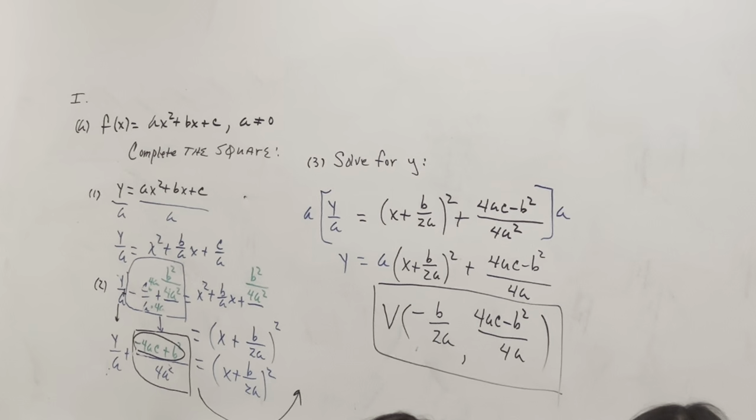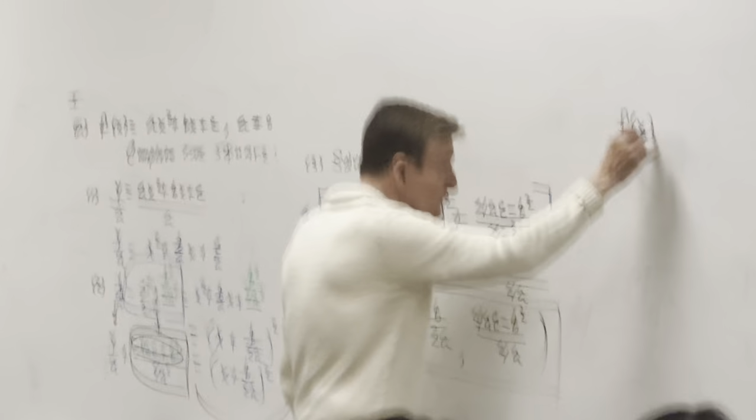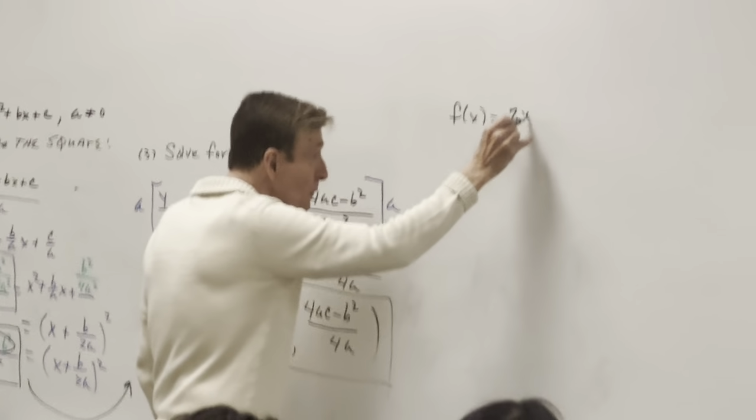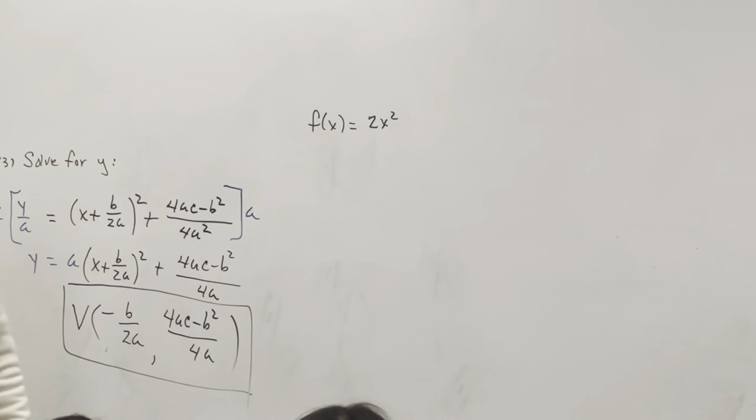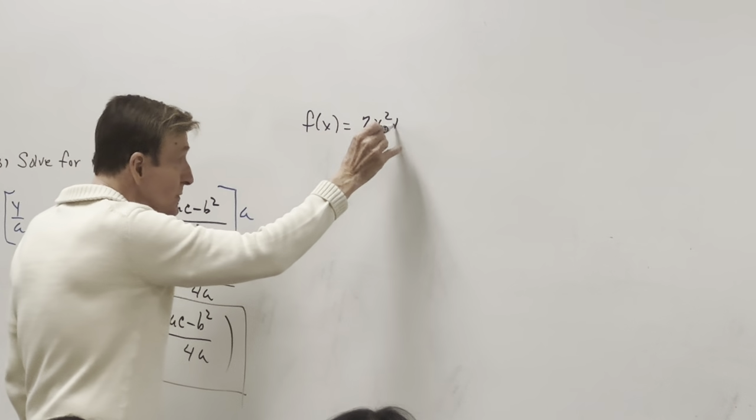Now, before the break, someone will remind me, the one I did all the way through completion of the square, which took forever, was f of x is equal to, I think there was a 2 there. Can anyone tell me what the other terms were in the one we did earlier? 2x squared plus 3x minus 2.